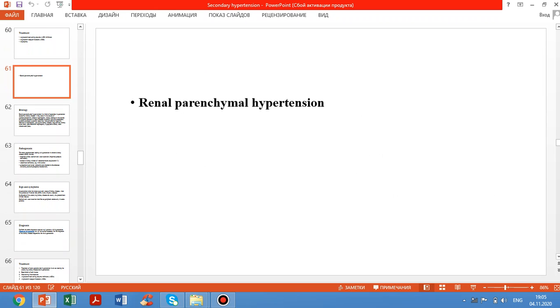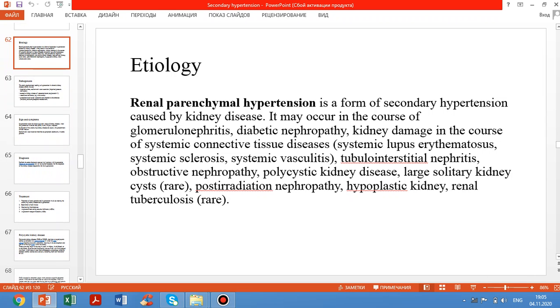Renal parenchymal hypertension. Etiology: renal parenchymal hypertension is a form of secondary hypertension caused by kidney disease.